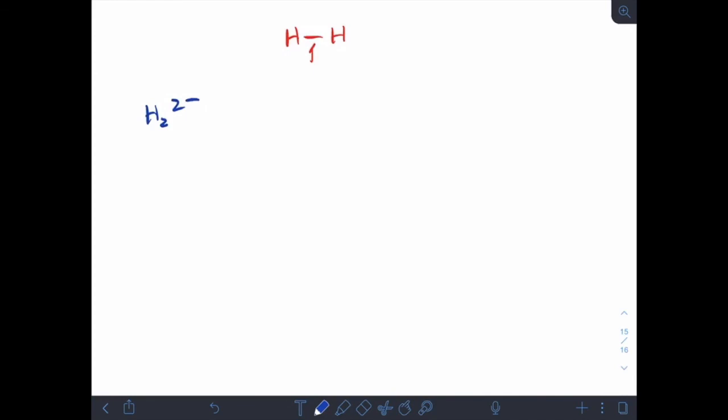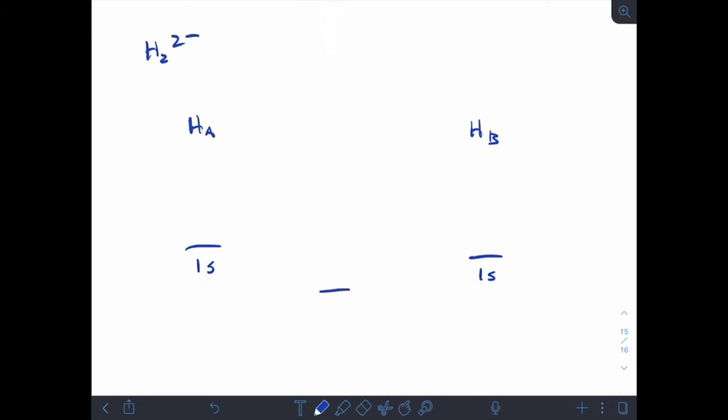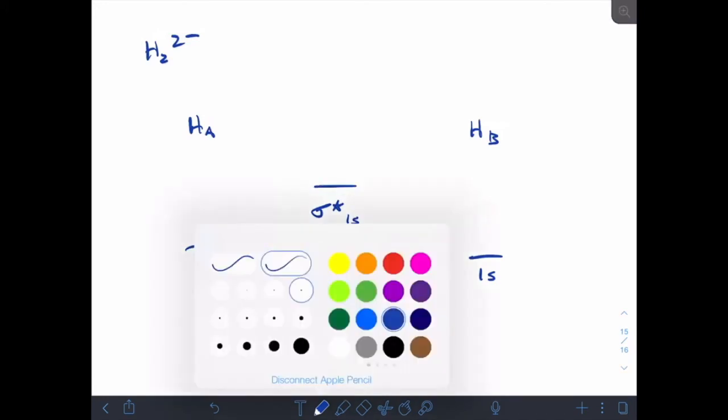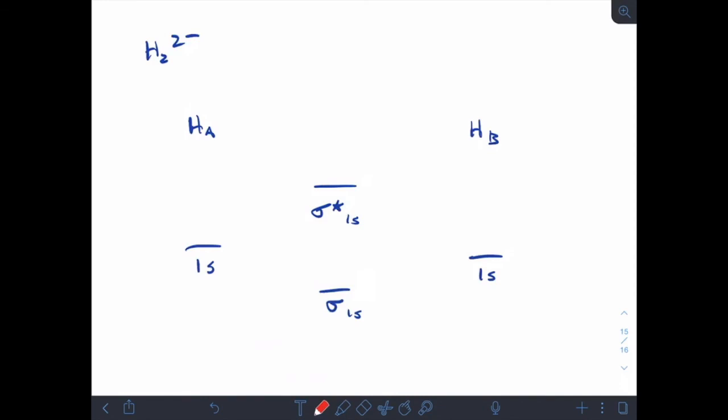So I'm going to start with, on one side, hydrogen A and its 1s, and hydrogen B on the other side, its 1s. And in the middle, slightly lower in energy, my sigma 1s and my sigma star 1s. Now since it's H2 2 minus, each one of the hydrogens should have 2 electrons.